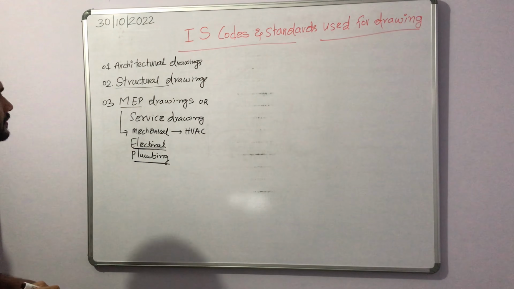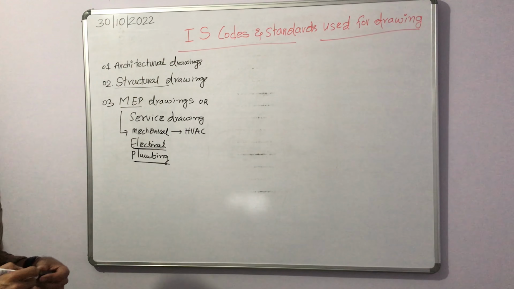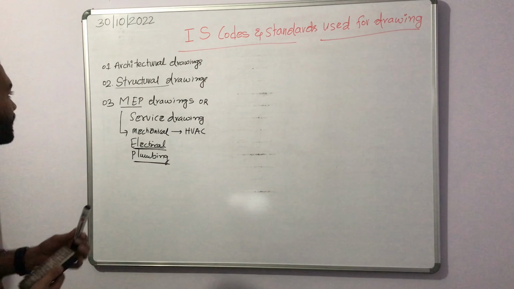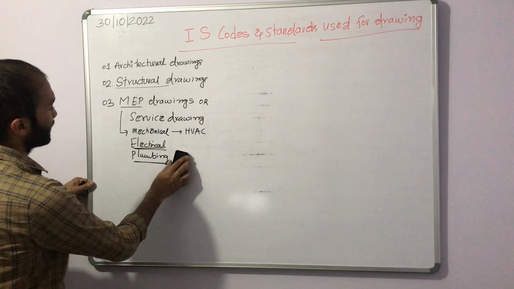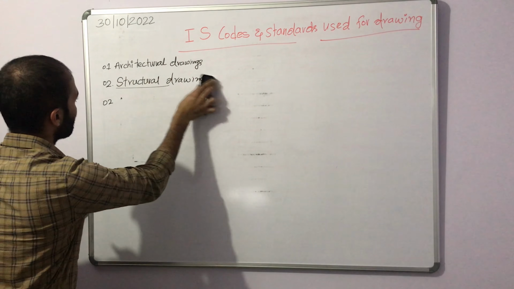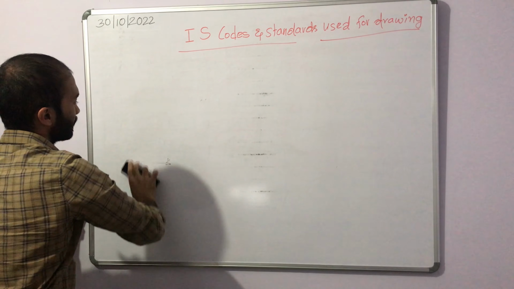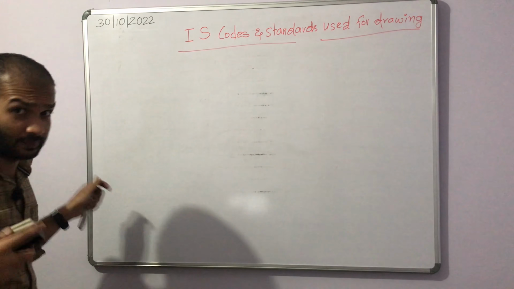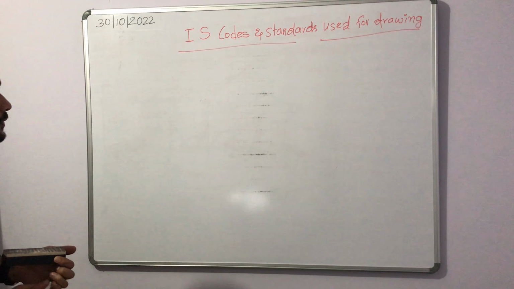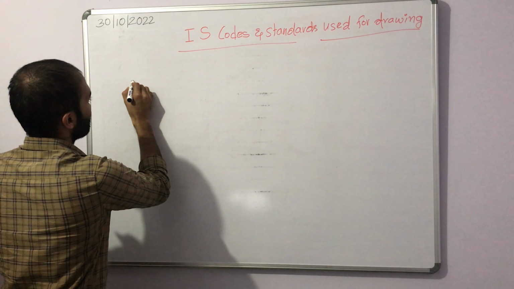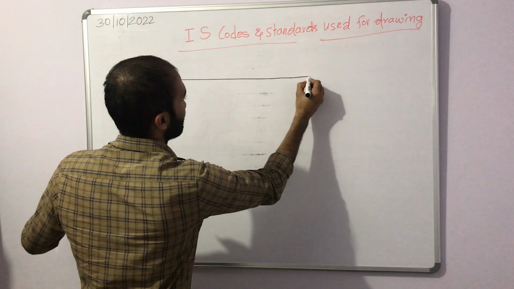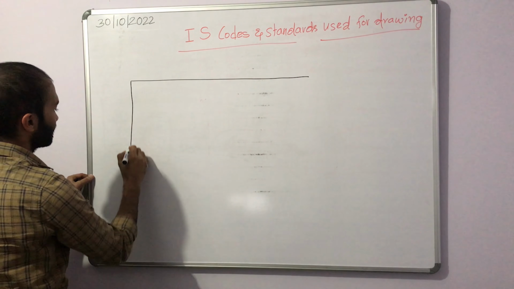Next we look at the drawing sizes we use on sites, what the boundary is, and how the layout could be. For example, I am writing the layout here.